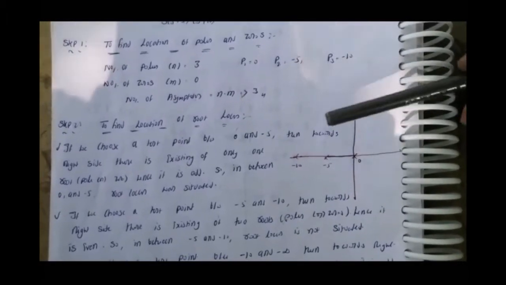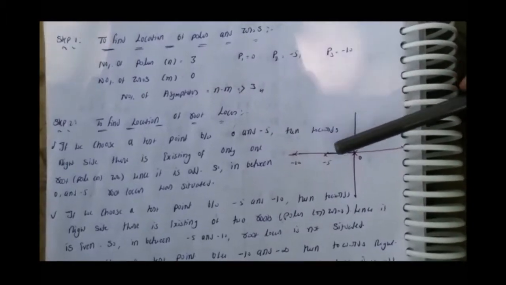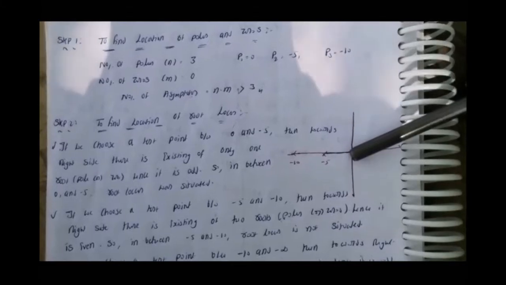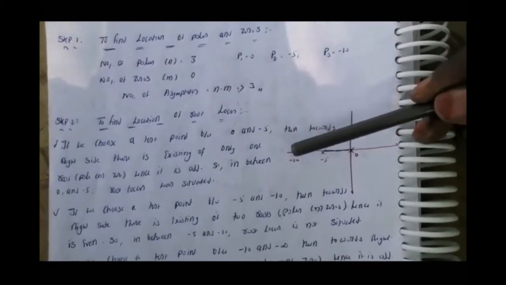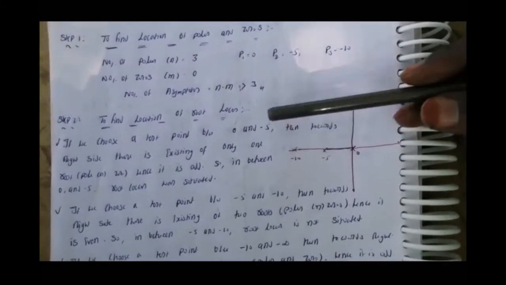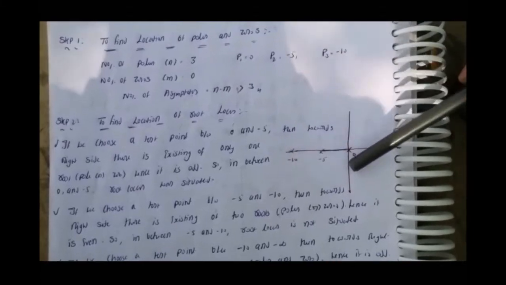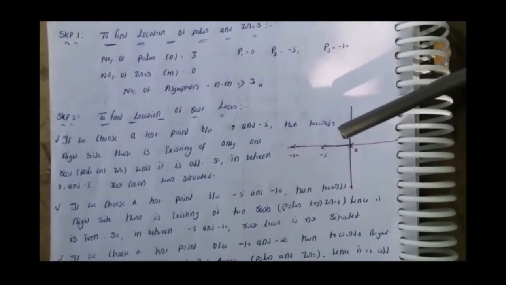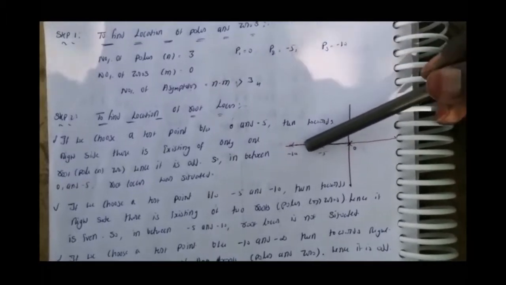Looking at the location of the root locus, there is a possibility of 3 root locus segments in this problem: one between 0 and minus 5, one between minus 5 and minus 10, and one from minus 10 to minus infinity. So 3 root locus segments are possible. Let me see how many actually occur on this axis.